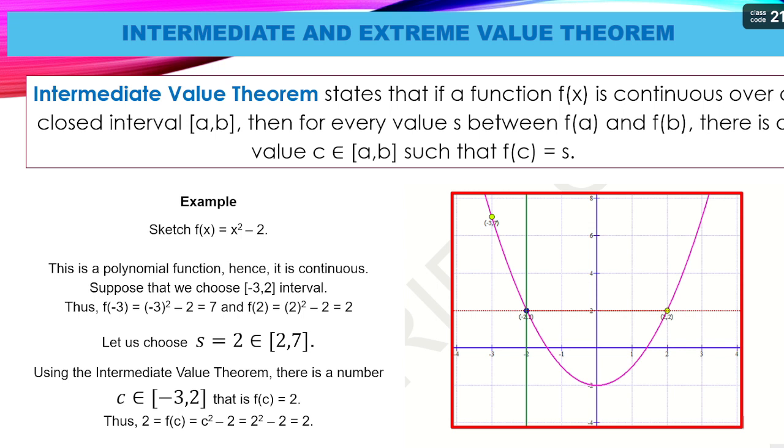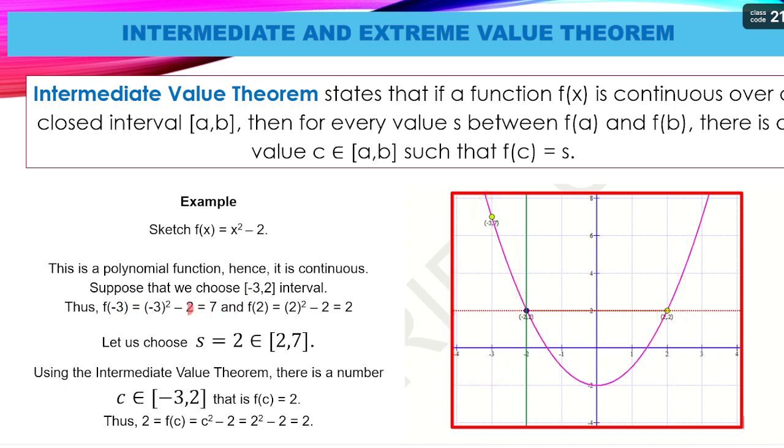Say suppose we choose the interval negative 3 and 2. So it means from negative 3 to positive 2.